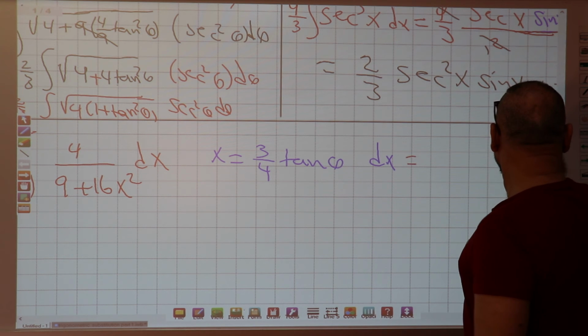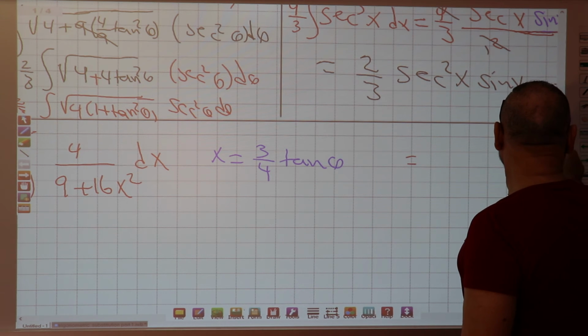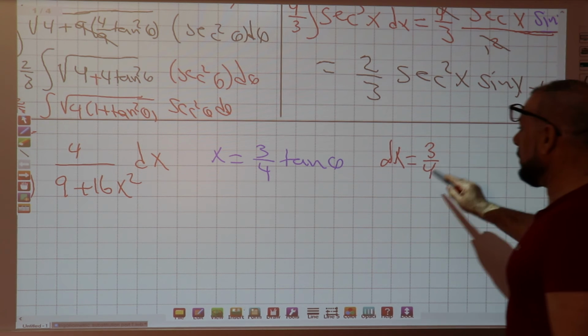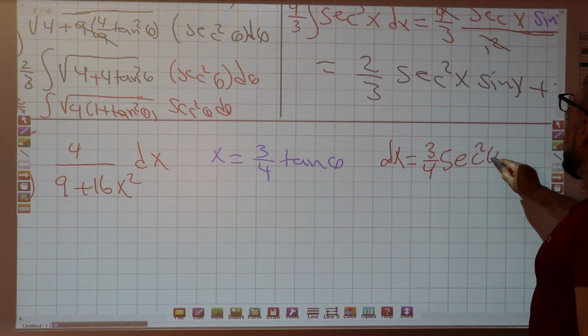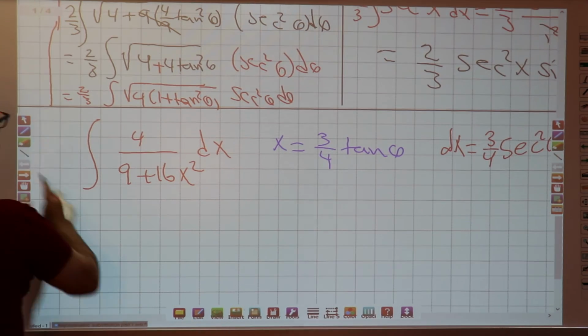Dx equals 3 over 4 secant squared theta d theta. I have all that I need. Go back to the integration.